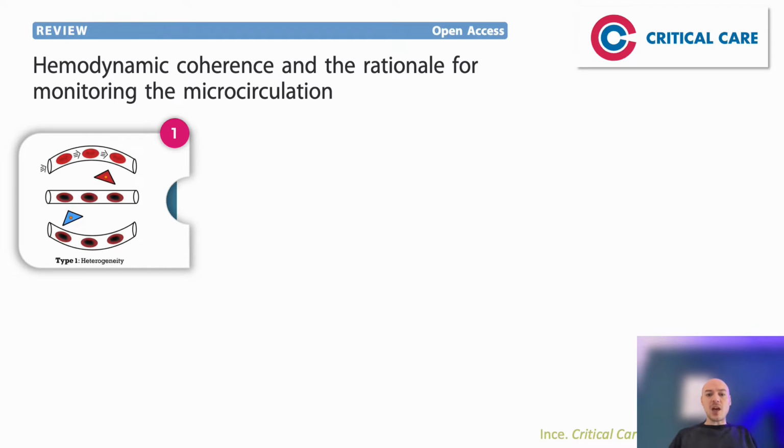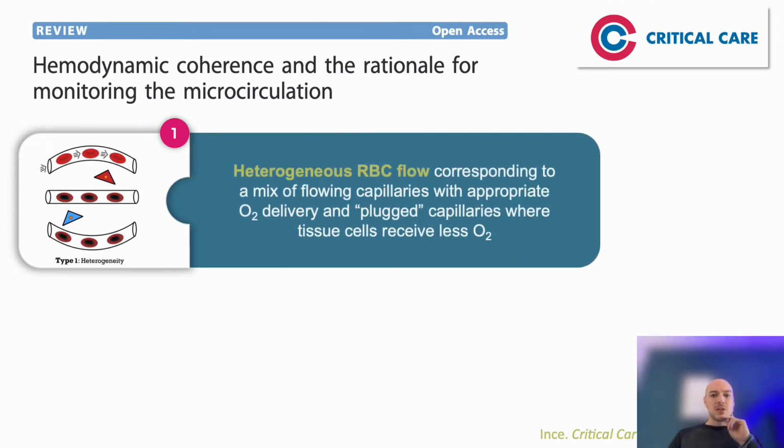So Professor Jan Bakker nicely conceptualized 4 types of microcirculatory alterations that can be seen at the bedside using HVM in rather preserved systemic hemodynamics. Type 1 represents the heterogeneity of microcirculatory perfusion and flow, corresponding to a mix of flowing capillaries and non-flowing capillaries, or intermittent flowing capillaries.